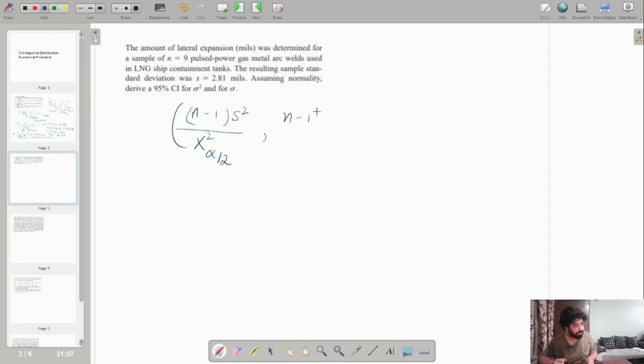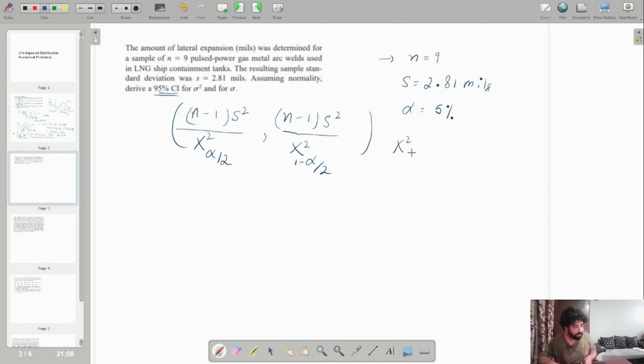Similarly, we have n minus 1 s square, and here we have chi square with the lower bound condition. All right, so in this problem I have been given n as 9, I have been given sample standard deviation as 2.81 mils, and also I have been given the value for alpha, which is going to be 5%, since I have to find at 95% confidence.